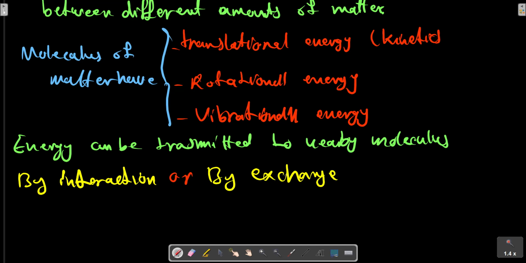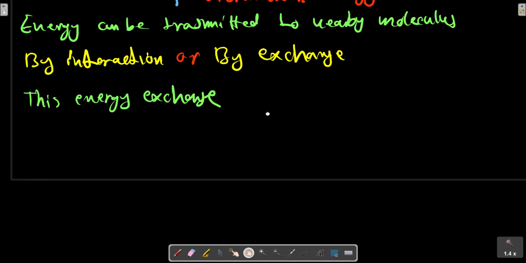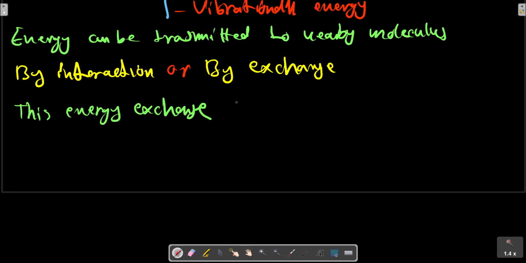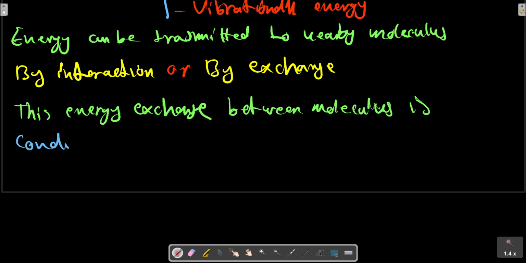This energy exchange between molecules is heat transfer by conduction.